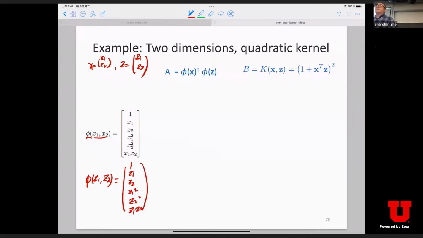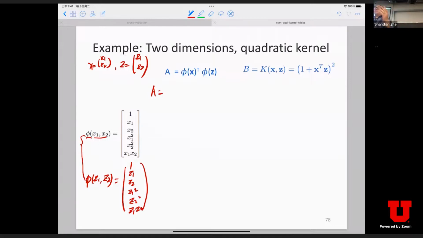Now A is just the dot product between these two mapped feature vectors. We multiply the corresponding pairs of elements and add them together.